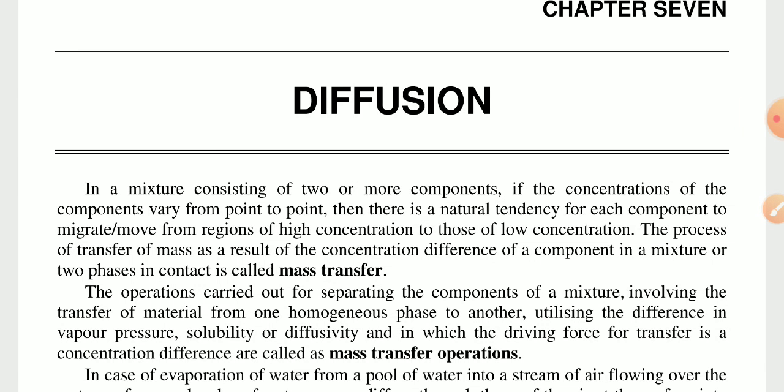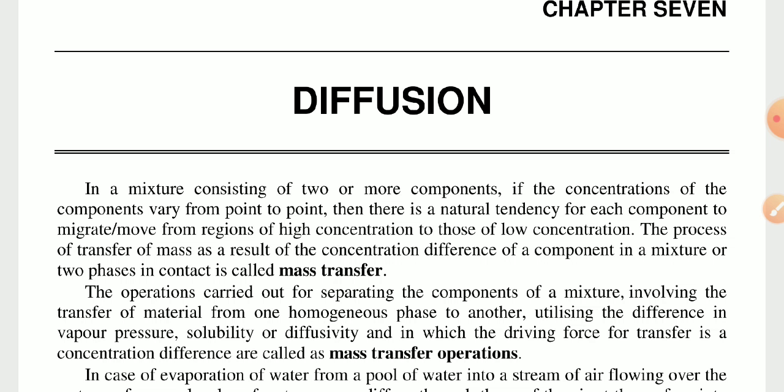In a mixture consisting of two or more components, if the concentration of a component varies from point to point, then there is a natural tendency for each component to move from regions of high concentration to those of low concentration.